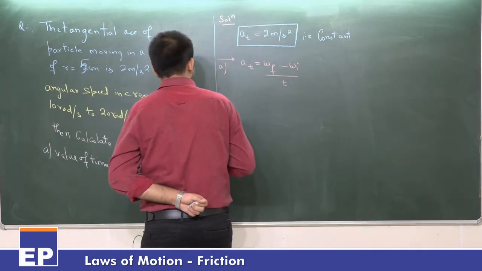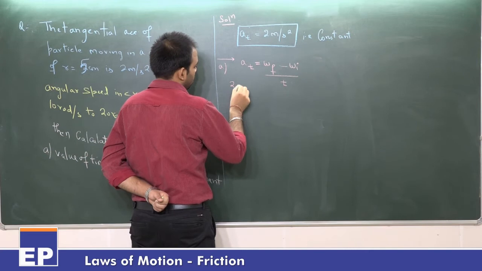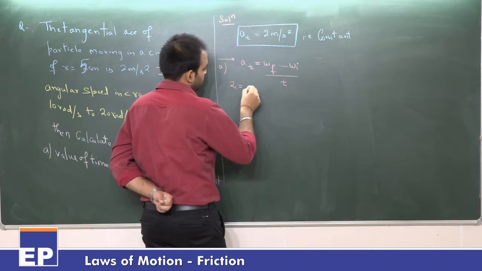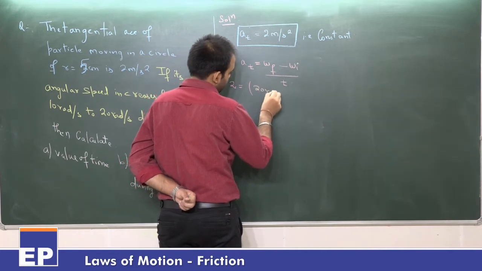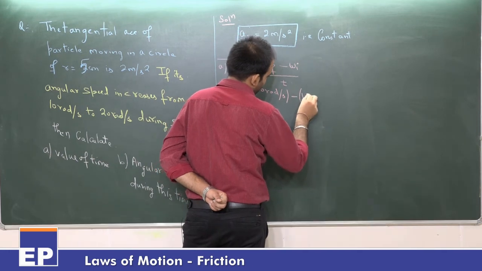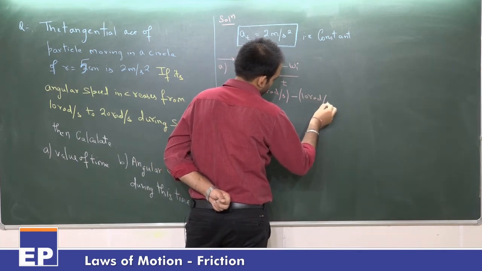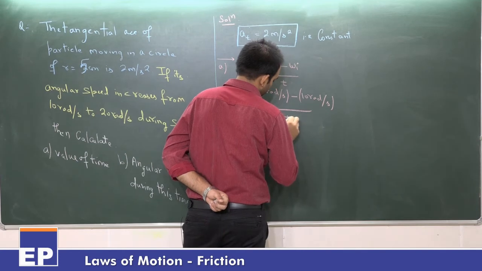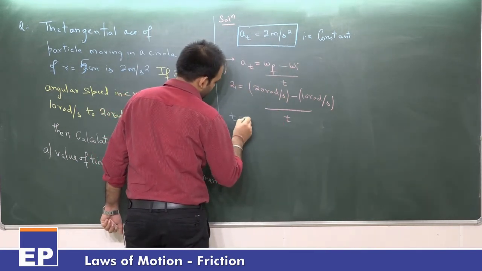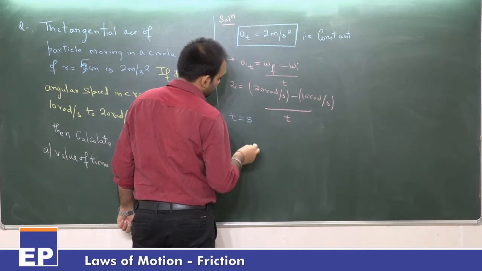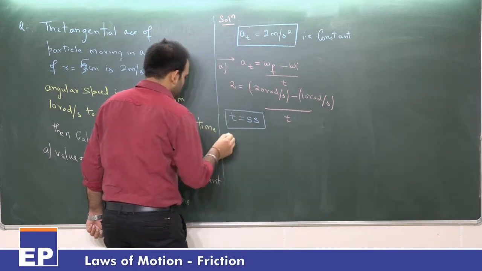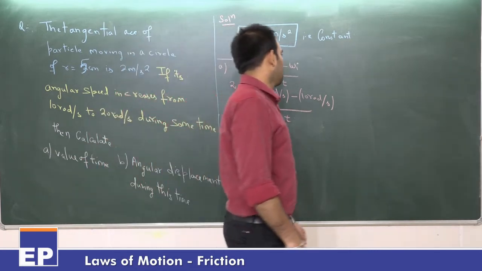So what is AT? 2. And omega final is 20 radian per second. This is 10. So T is how much? 5 second. 5 second is the time taken for this.